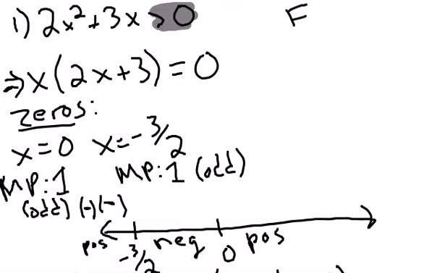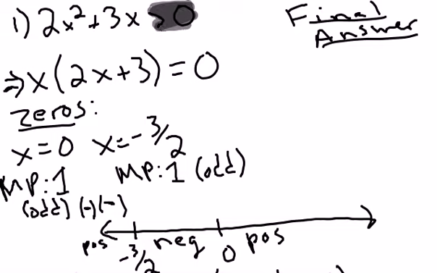So if I'm going to write my final answer, and I'll give it to you in both interval and inequality notation, we are going to say, well, where is it greater than 0? Well, greater than 0 would be anywhere it's positive. So let me try and change my color here. So here it's positive as well as here it's positive, so I need to represent those intervals somehow.